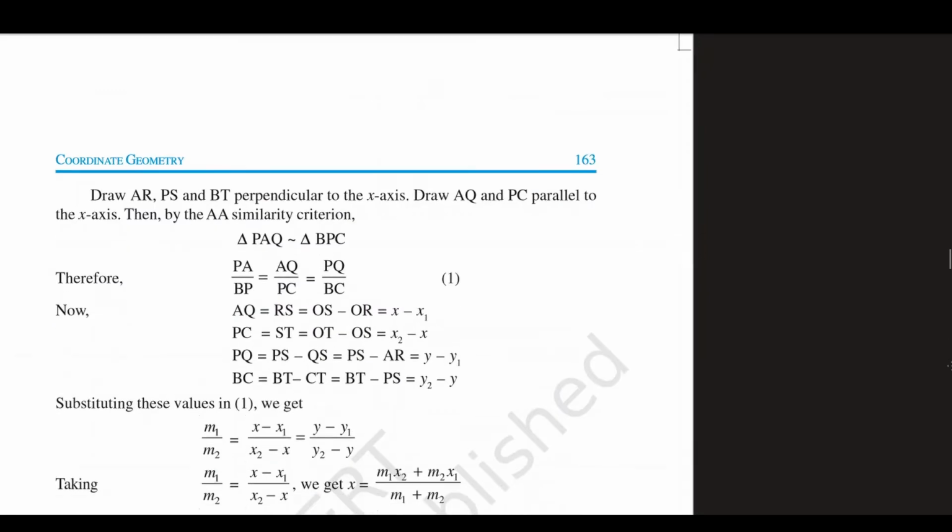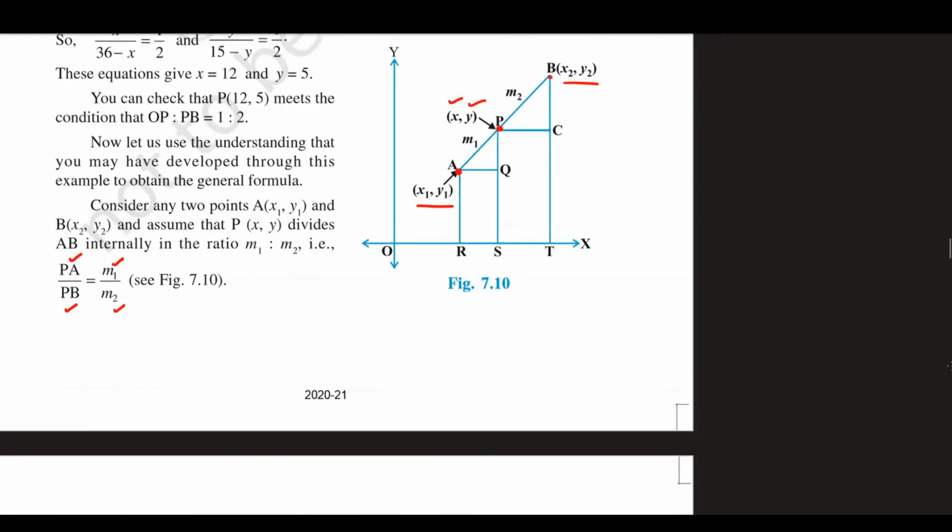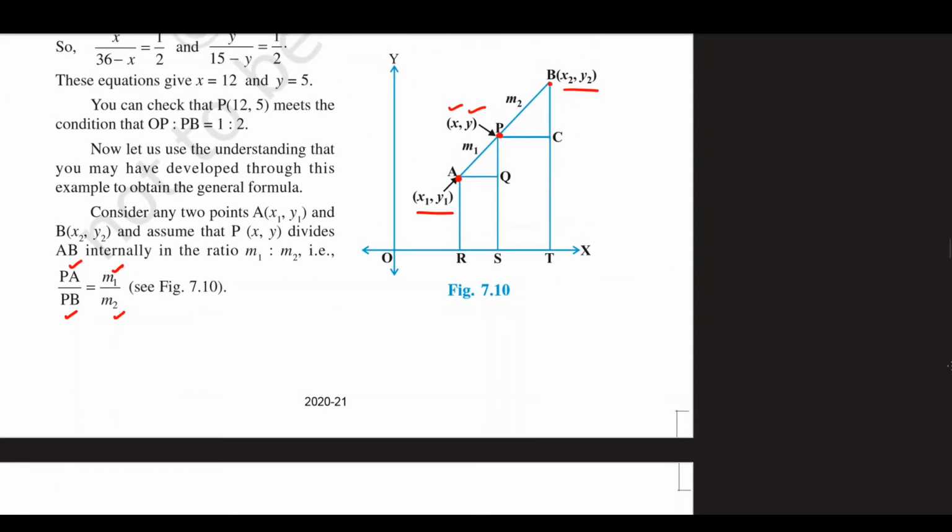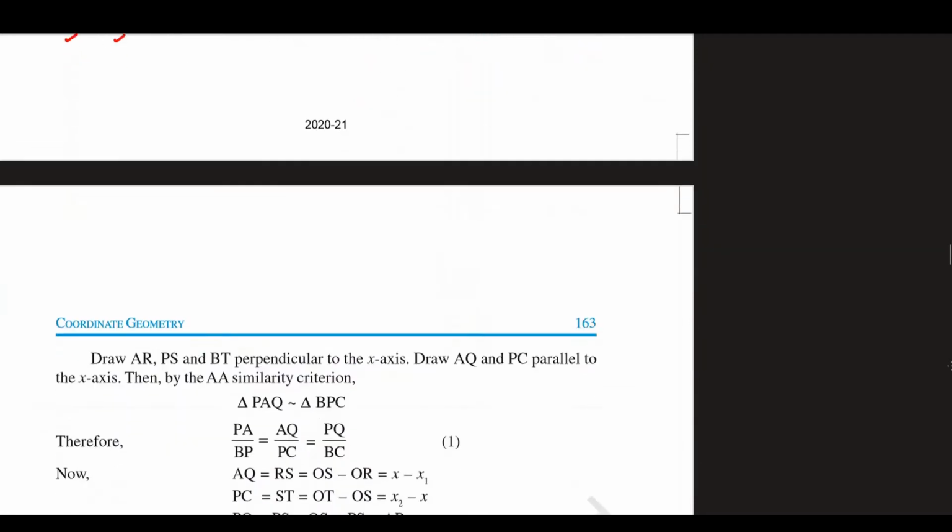So we will be making some construction. First of all, make a perpendicular from P to the x-axis, and from B to the x-axis, such that we have created these two triangles, because we will be talking about these two triangles in a while.